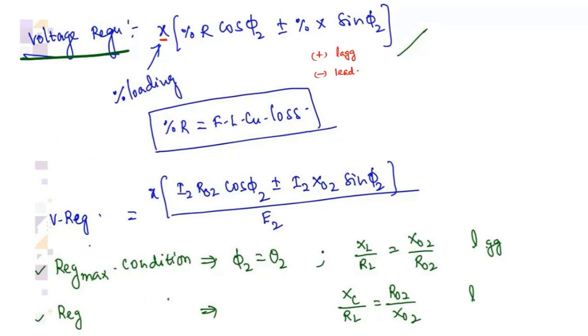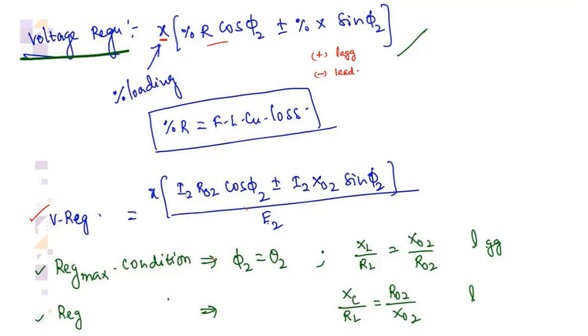Okay, you can also take the voltage regulation formula in another manner. Here percentage R can be taken as the resistance drop with respect to the base value, so I2 R02 divided by E2, and I2 X02 divided by E2. This same equation is rewritten like this.